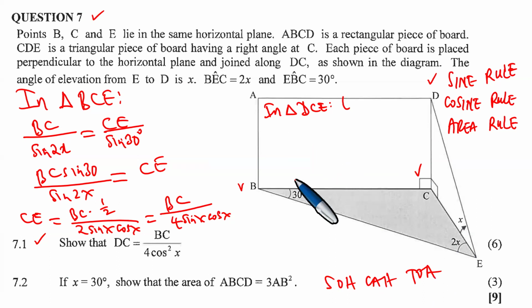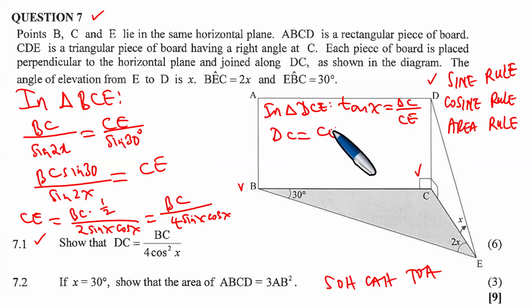Okay, so in triangle DCE, we can use opposite over adjacent. So we have tan x, which is opposite DC over the adjacent CE. We want DC, which means DC is CE tan x. What is CE? You can put this one.